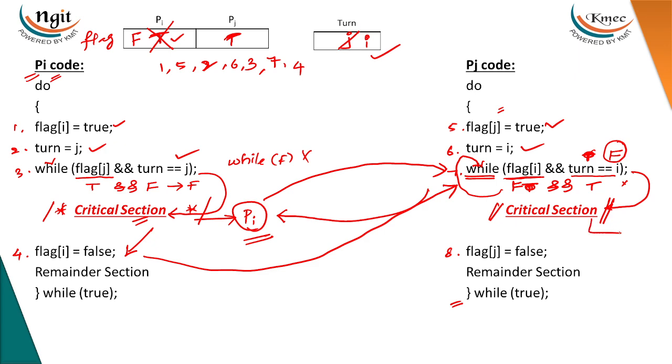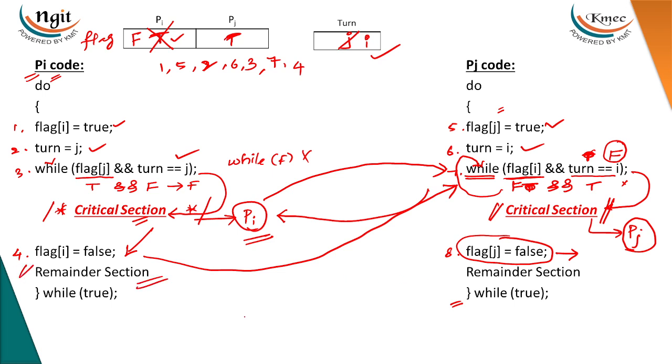Now which process is in critical section? PJ. So until PJ is in critical section and comes out of the critical section and sets this particular flag value to flag of j equal to false, PI will be restricted to enter into critical section. Currently PI will execute its remainder section.